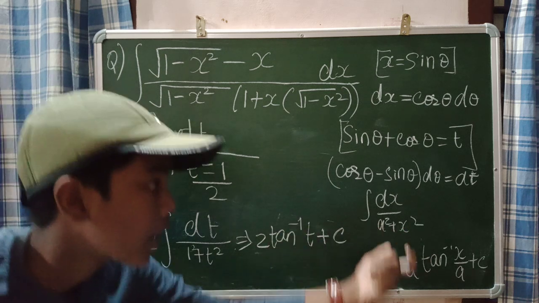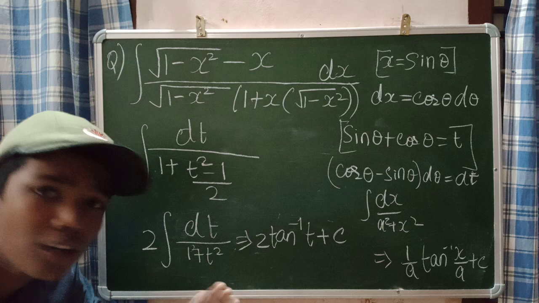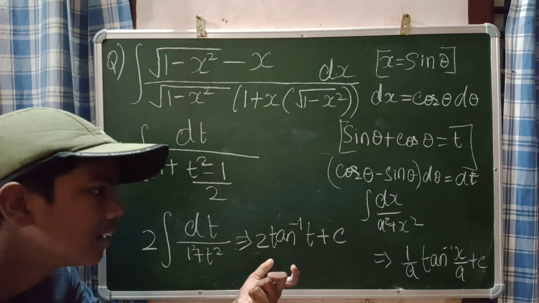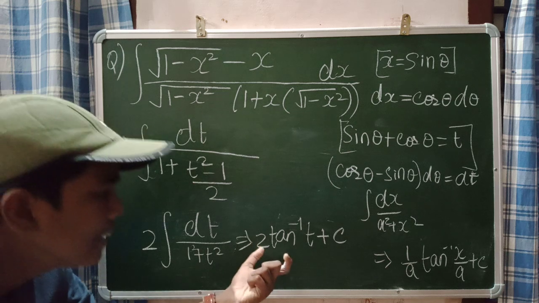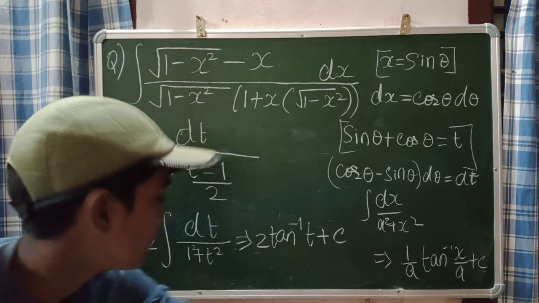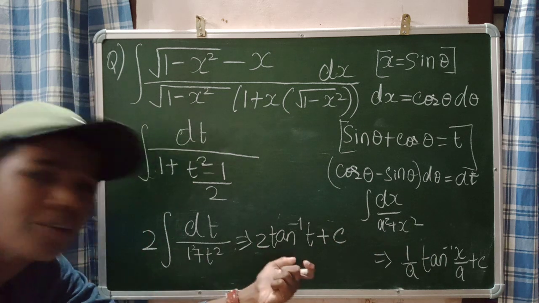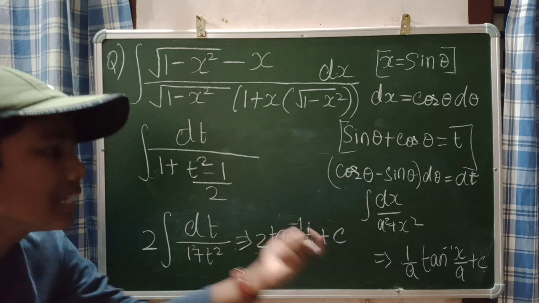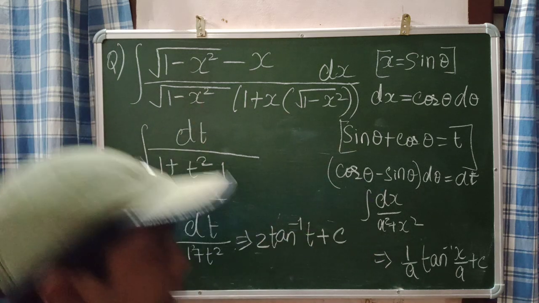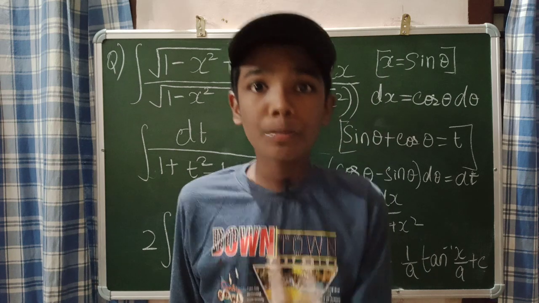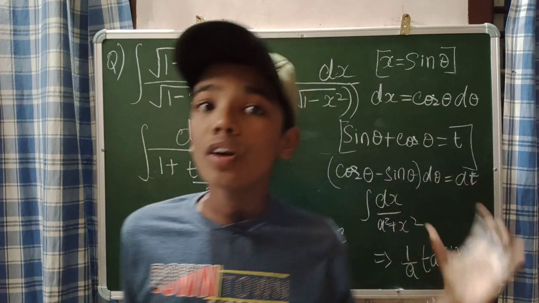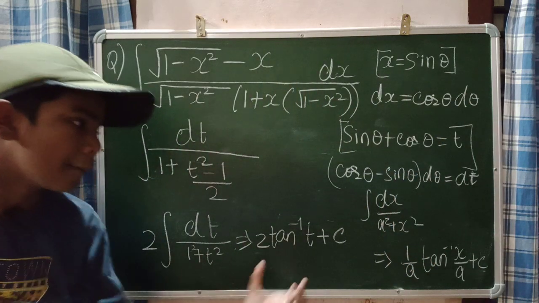This can be written as 1 by a, which is 1 by 1. I did not write that 1 because 1 by 1 is 1. It's a simple thing. Then tan inverse of x by a will be t by 1. t by 1 is t itself, plus some constant. I am just using this formula: integration of dx by a square plus x square is equal to 1 by a of tan inverse of x by a plus some constant. That's how I am evaluating this integral into this form.